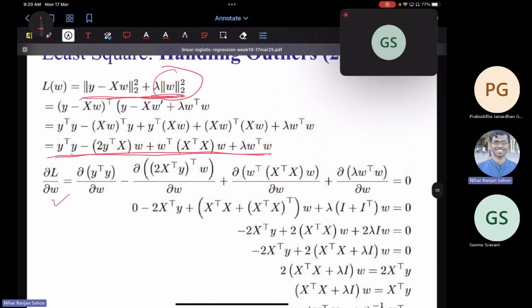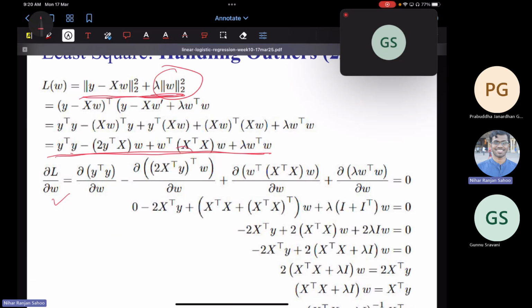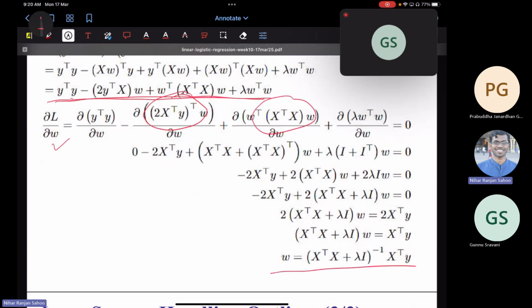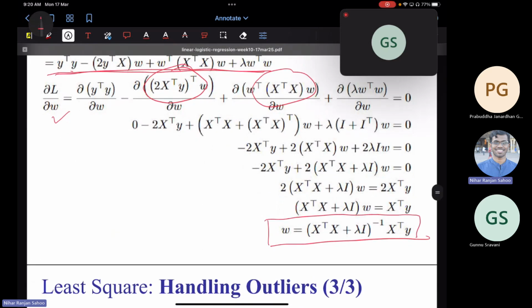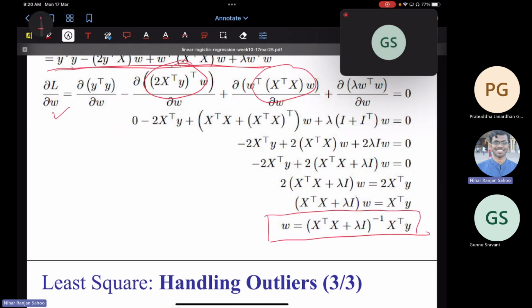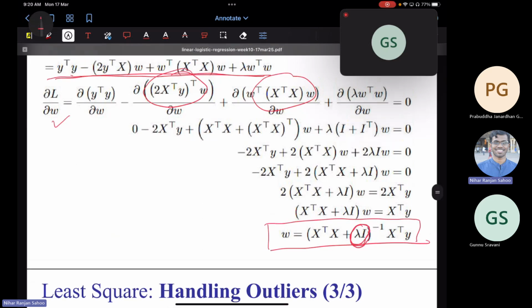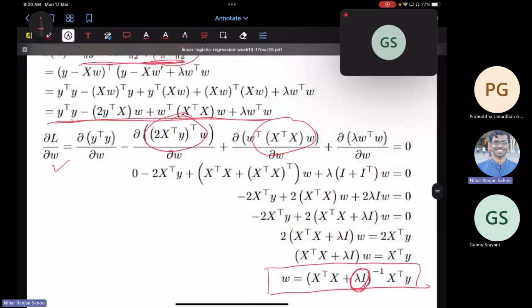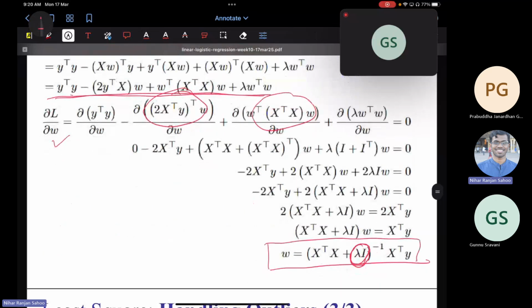Again, you apply the theorems we discussed. If you do that, all the steps are there and you can just follow them; it's not very hard. So what W value will we get? X transpose X plus lambda I, inverse, times X transpose Y. Some extra term, lambda I, appears here.